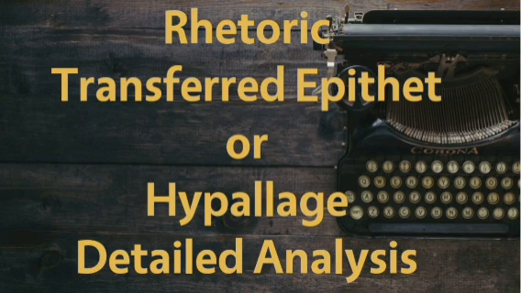Number 2, the epithet is transferred from its proper subject to another accompanying subject or accompanying thing. Number 3, the proper subject and the accompanying thing are associated in the mind of the speaker or the author. Okay, so as it is based on figures of association, the third point is also important.